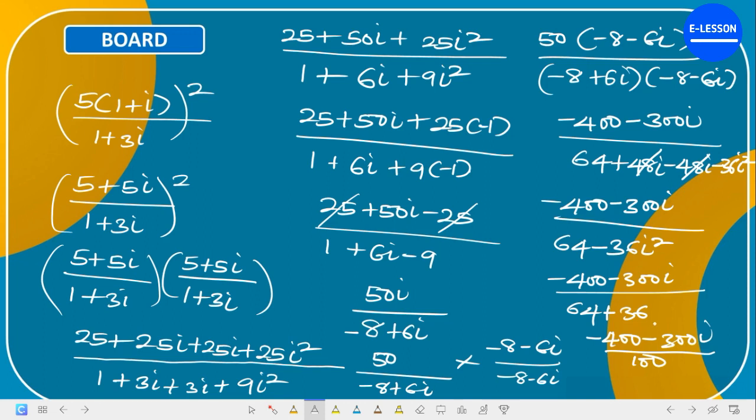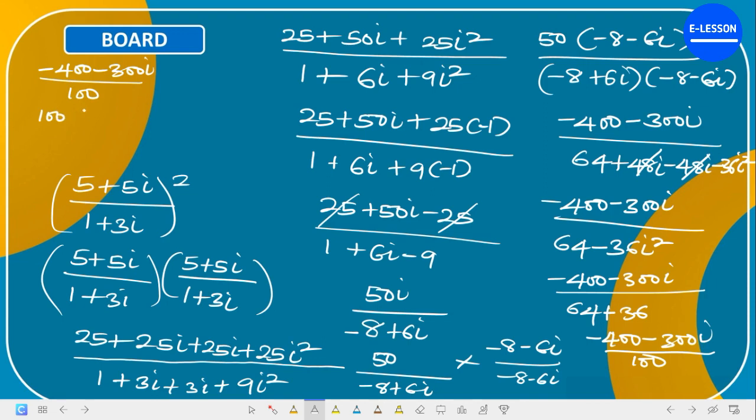100. At the end of the day we have minus 400 minus 300i divided by 100. Now, what is common here? 100 is common. If 100 comes out, it becomes minus 4 minus 3i.